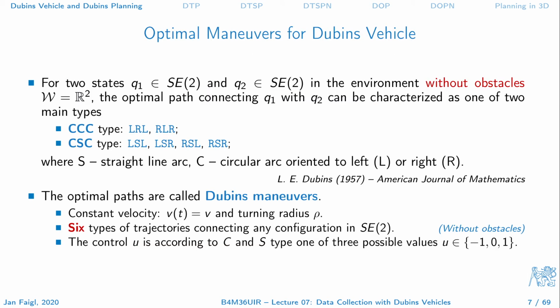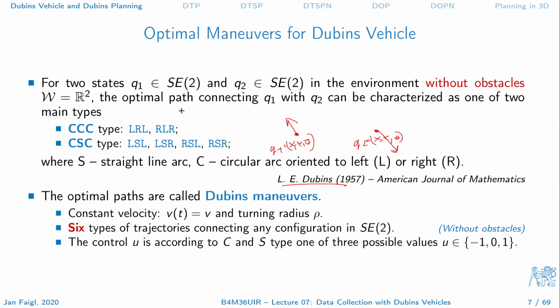What is quite important is that having two configurations, which means that we have x, y, and theta, and another configuration, x, y, and theta, which are q1 and q2, and if we have prescribed this orientation, we can find an optimal trajectory for this type of vehicle in a closed form solution that has been firstly analyzed by Dubins, but you can also find this model as a Dubins-Markov model.